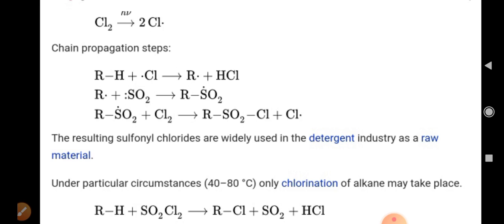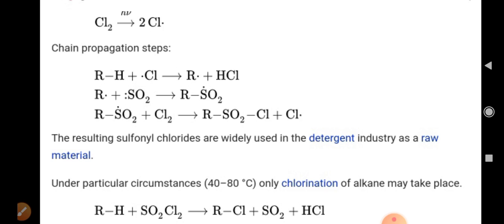By sharing these two electrons between sulfur and chlorine, there is formation of a bond between sulfur and chlorine, and one of the free radicals is left there. In such a way RSO2Cl, that means sulfonyl chloride, is formed by the steps chain initiation and chain propagation.